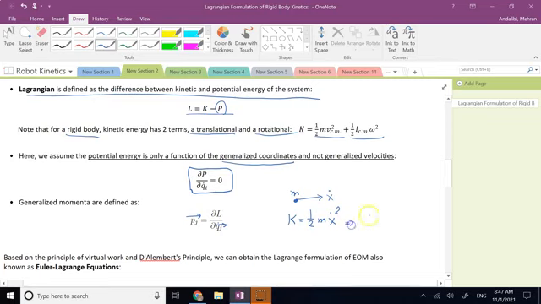So in this case, your L, the Lagrangian, is going to be 1/2 m x dot squared minus P, which is only a function of x, not x dot. So here, if I take the partial of the Lagrangian with respect to x dot, what is it? Clearly, it's only going to be m times x dot, and m times x dot is exactly what in the past you used to call the linear momentum p. So you see, that's the same thing.